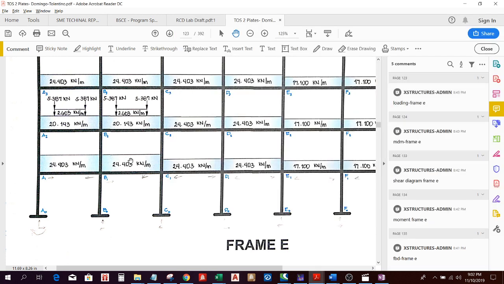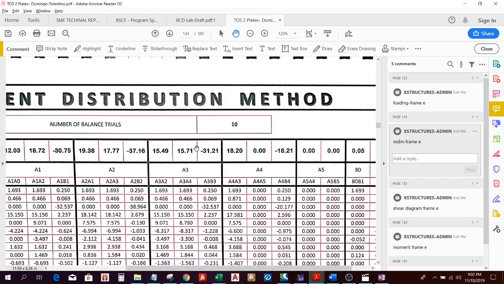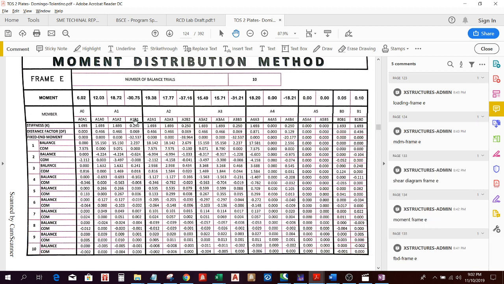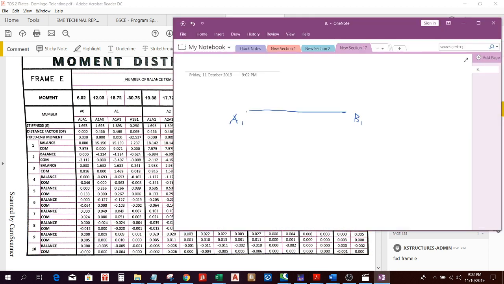Okay, let's see the result. A1 B1, this one. So A1 B1, he got negative 30.75. So negative means going down.